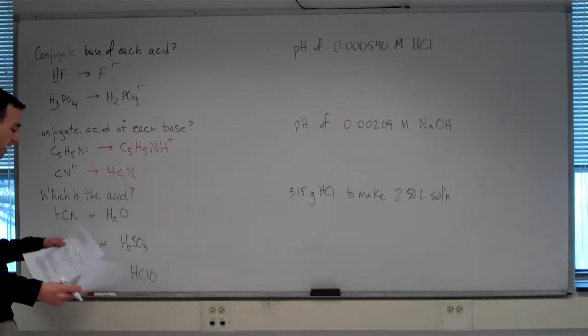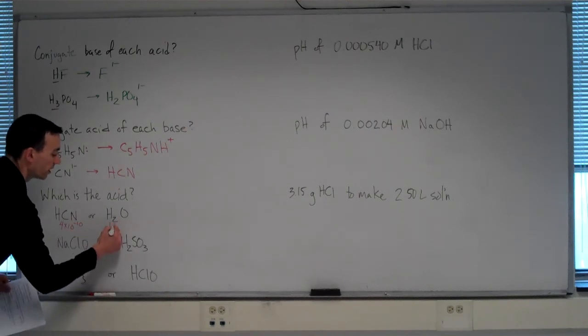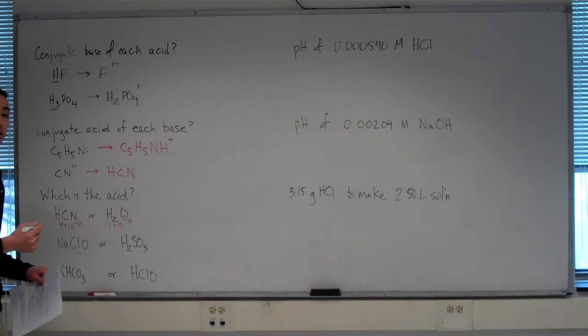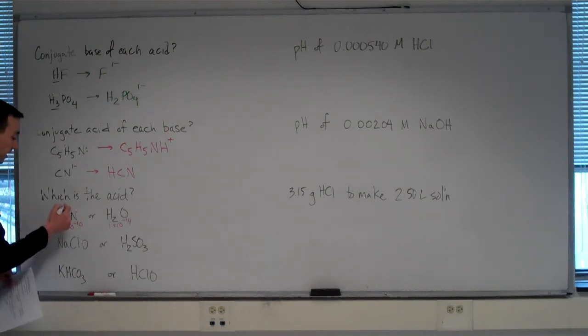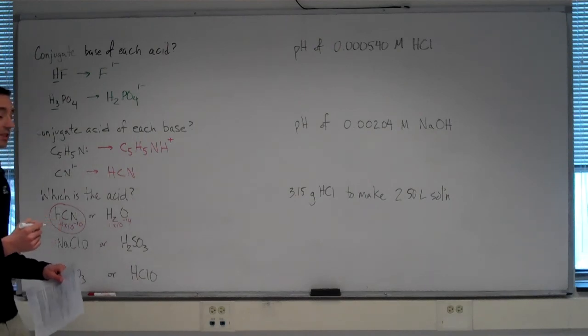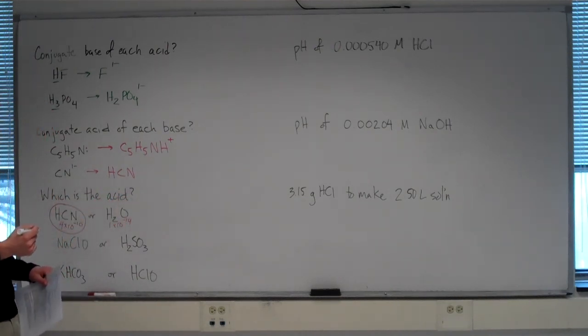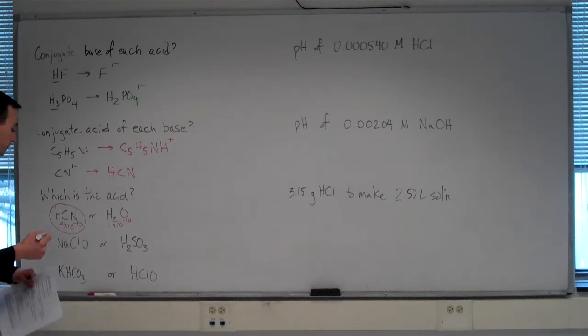The Ka of HCN is 4 times 10 to the negative 10. And for water, the Ka is the Kw, so it's 1 times 10 to the negative 14. So HCN is the more acidic species in this case, and it would be the donor. Water would by default become the acceptor in that reaction.